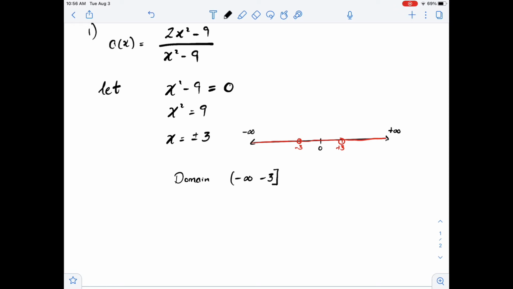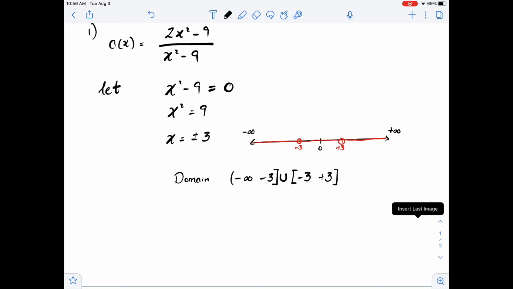To the right of negative 3, I have a union. Negative 3, again, note that hard bracket because that tells me that negative 3 is not in the domain, to positive 3. And again, I have a hard bracket next to positive 3 because positive 3 is not part of the domain.